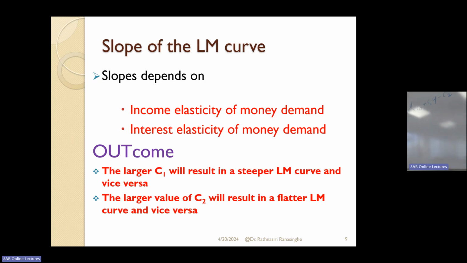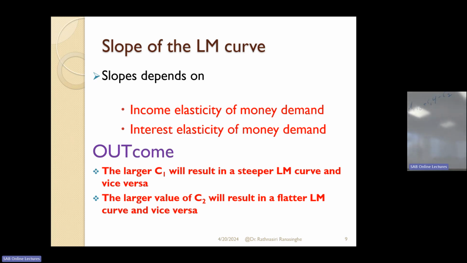In explaining the variation in the slope of the LM curve, the money demand is the main causal factor that determines the slope of the LM. So C1 and C2 mostly determine the slope, which in turn determines the slope of the LM curve as well.